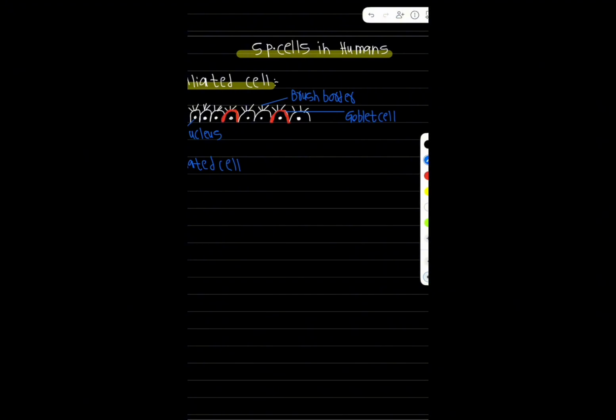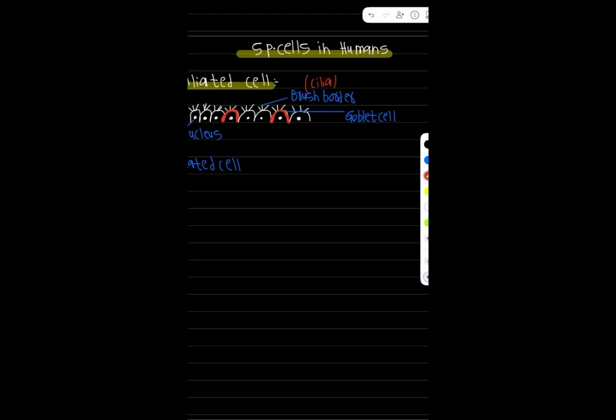They move mucus out of the body when we eat something. Everybody has mucus in their throat, so cilia move mucus out of the body. This is the main purpose of the cilia, these brush borders. That's what they do.